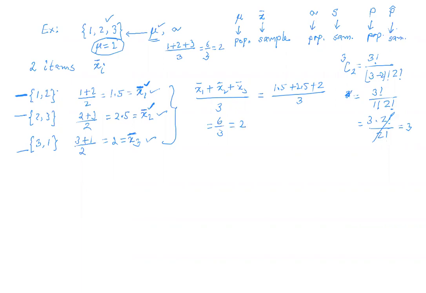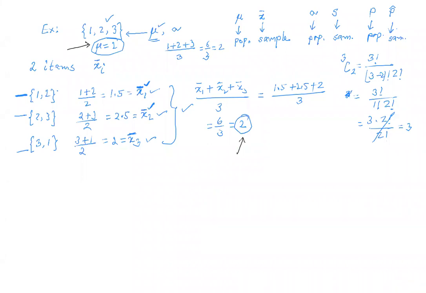So the average of these possible different averages is 2. Now, if you go back and look at your population average, which is also 2, and this average of the averages is also 2.